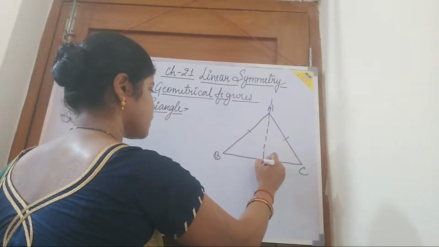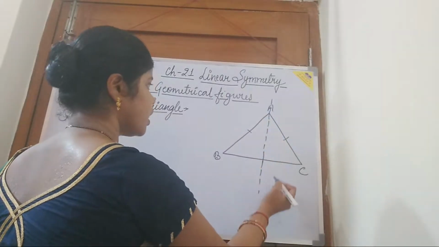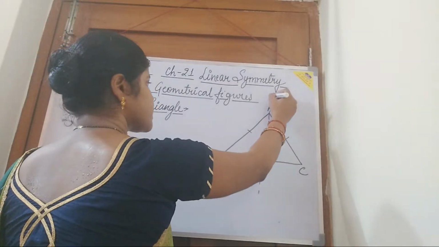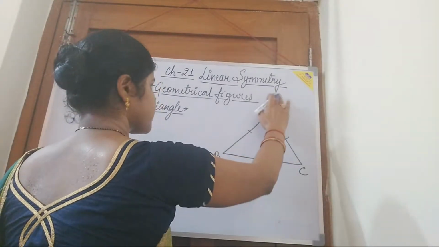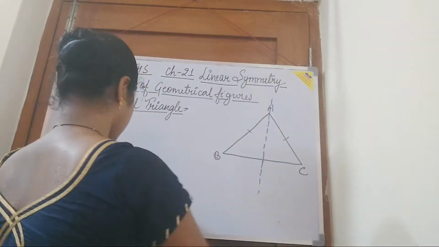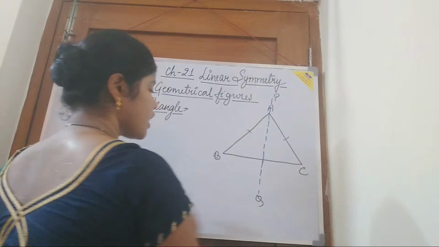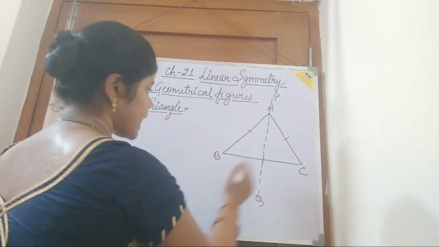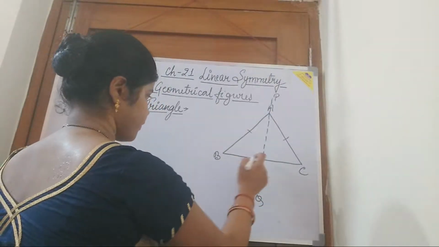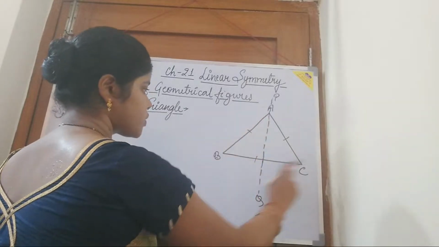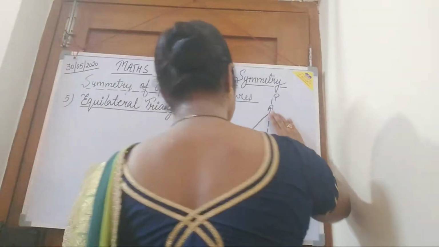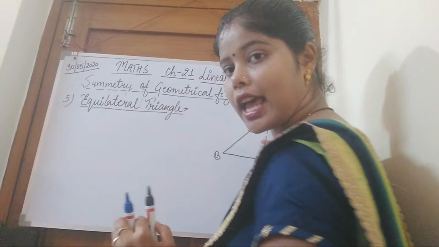Name it as PQ. If we take another two equal sides, AB equal to BC, I am not talking about the third side.